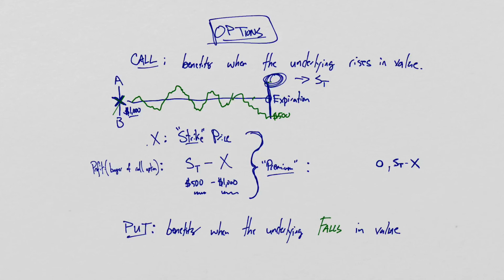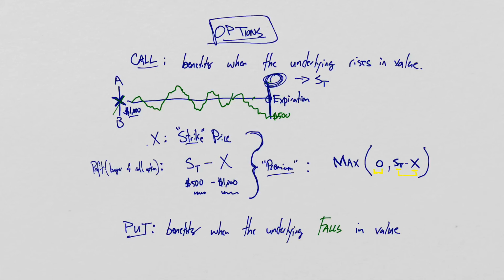But that means that the payoff for an option buyer is the maximum of either ST minus X, the difference between what it ends up at and what they got the right to buy at. Of course, if that's positive, they're going to take that. That's the maximum amount, or 0.